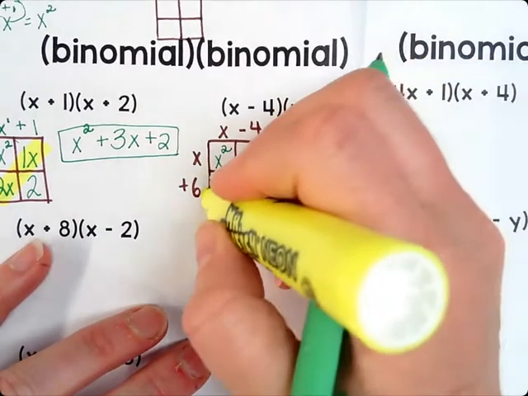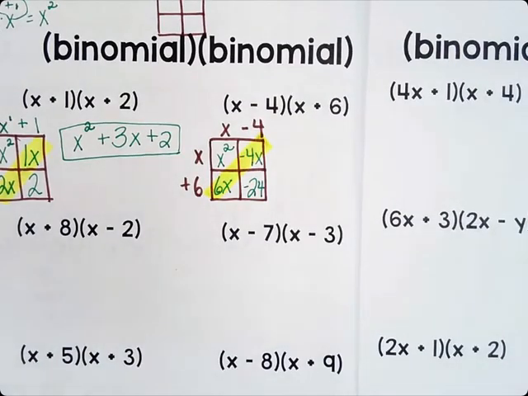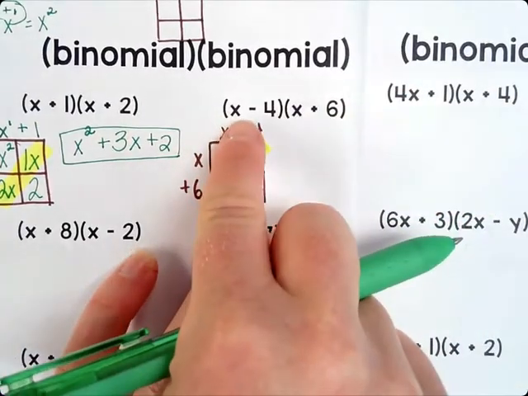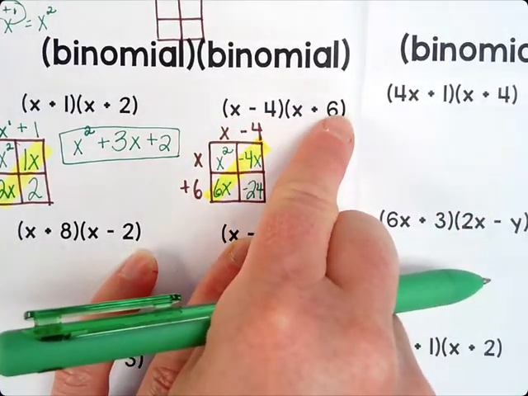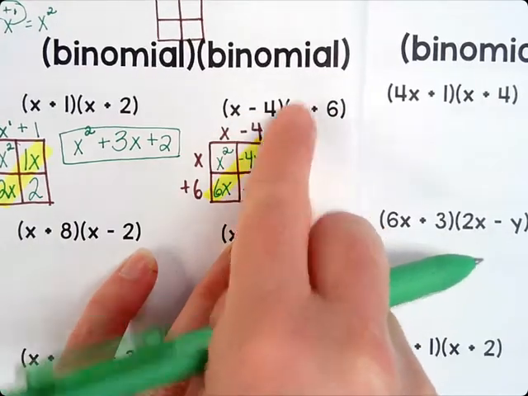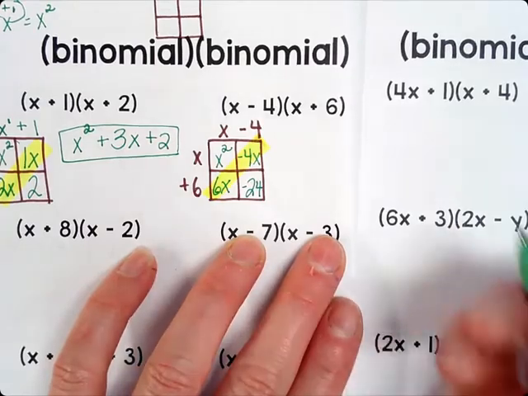6x and negative 4x. Yeah, see how they're diagonal? Those are the ones that you can combine usually. If they're written in the same exact format, where you have an x and a constant, x and a constant, it doesn't matter if it's add or subtract, these diagonals, you'll be able to combine those.